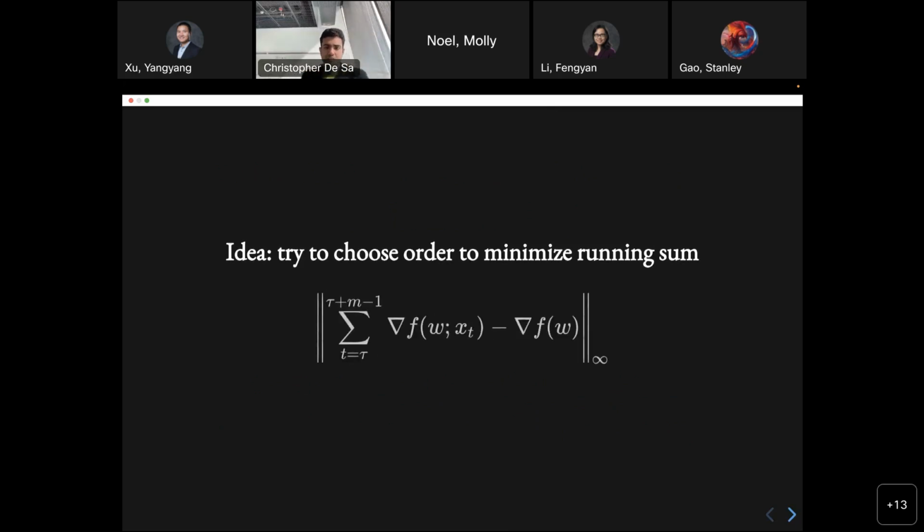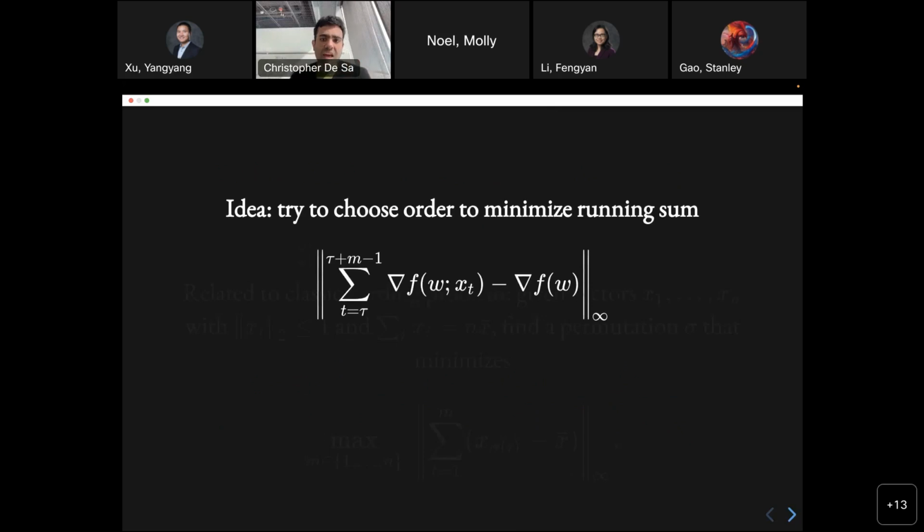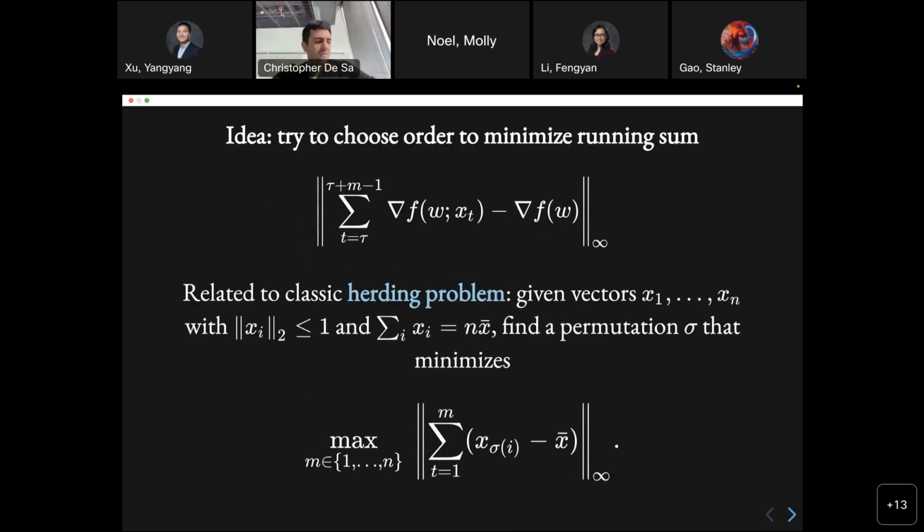And so that's what we're going to do. For technical reasons, which I'll get into, we're going to try to minimize the L infinity norm of this sum. And when we do that, we're able to relate this question of choosing a permutation of examples that minimize this running sum to a classic combinatorial optimization problem called the herding problem.